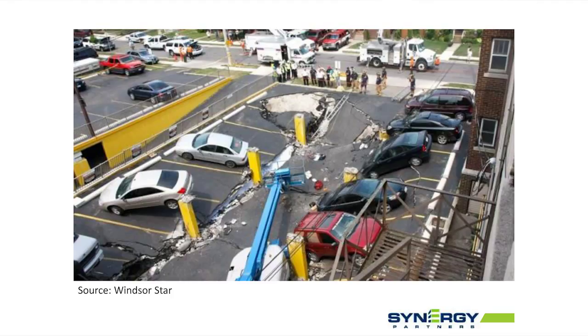I think it was in 2010, I believe. And so as you can see, there's obviously cars parked on this roof slab. What you will notice is that the columns remain vertical, and the slab has what's called punching shear, because the column effectively has sort of punched through the slab. And that's why it's known as punching shear.